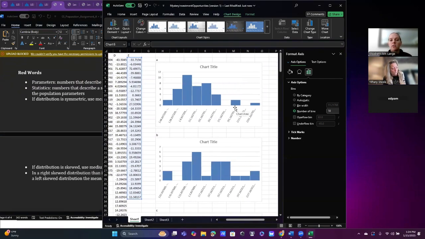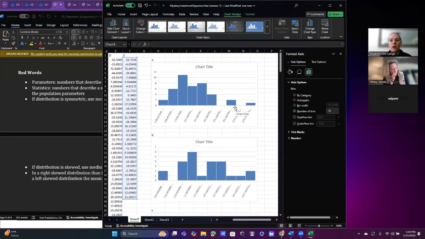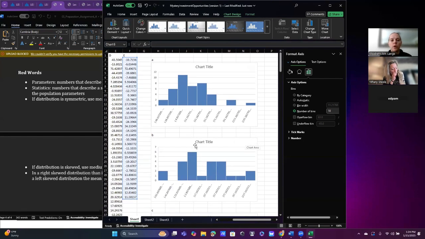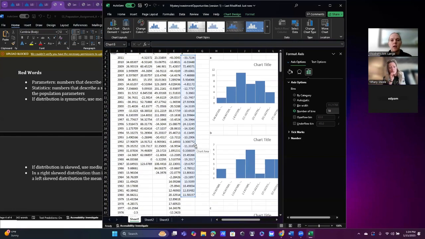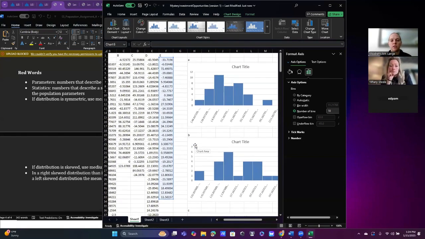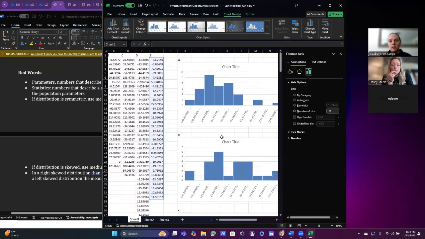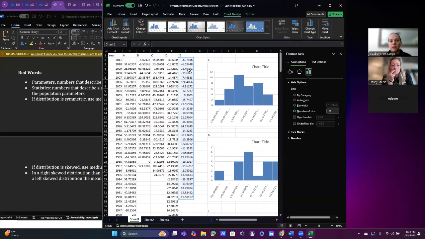So here's what I'm guessing in terms of which one we should invest in. Because we're looking at their stock reports, we want them to be higher, right? Because we don't want negative numbers.